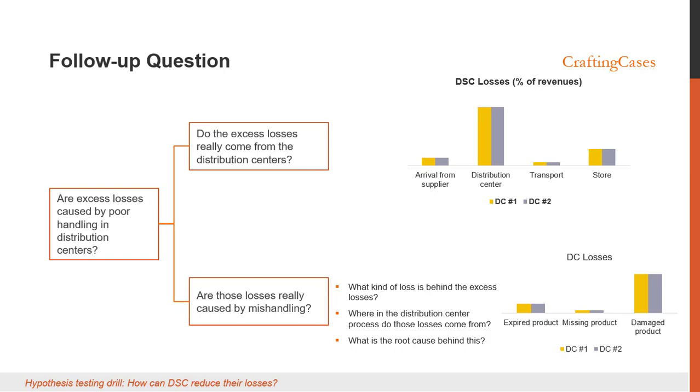And what I expect to see is either a lot more damaged products in the distribution centers or in only one of them. Okay?